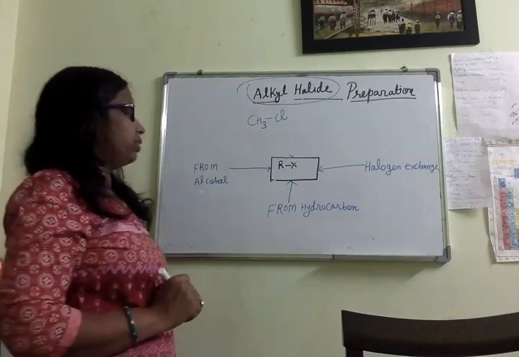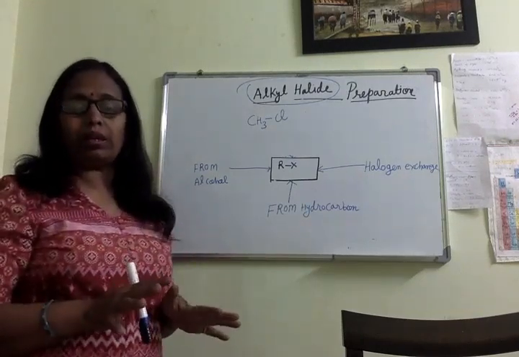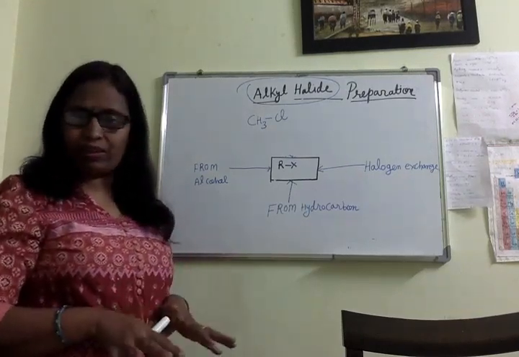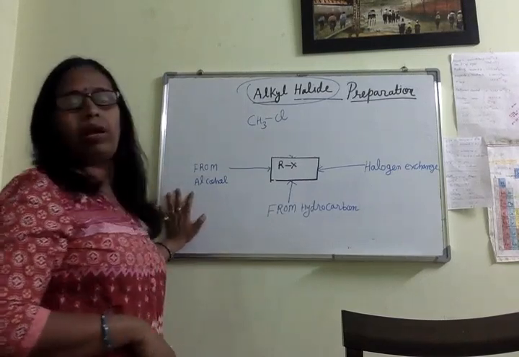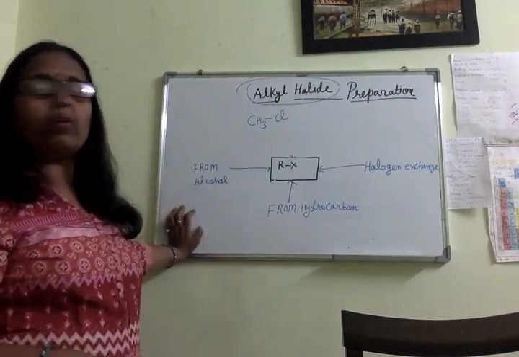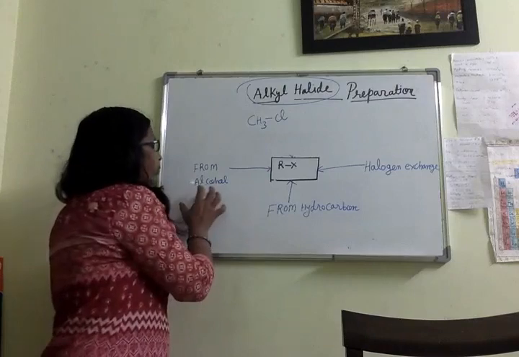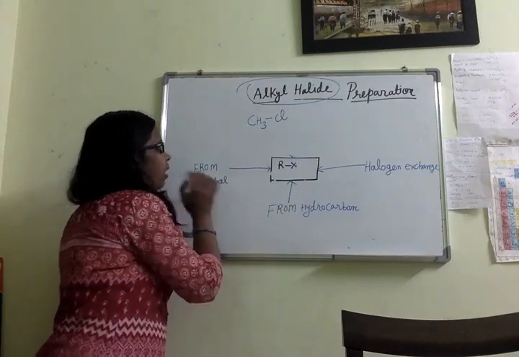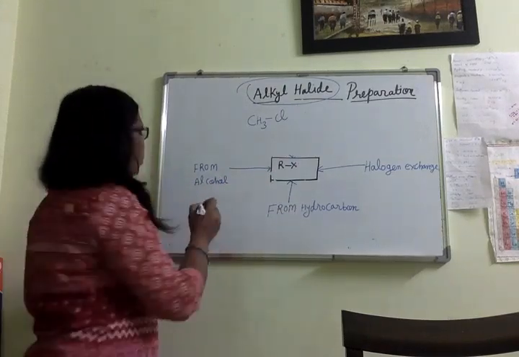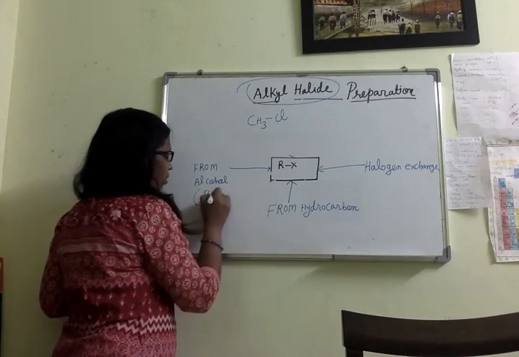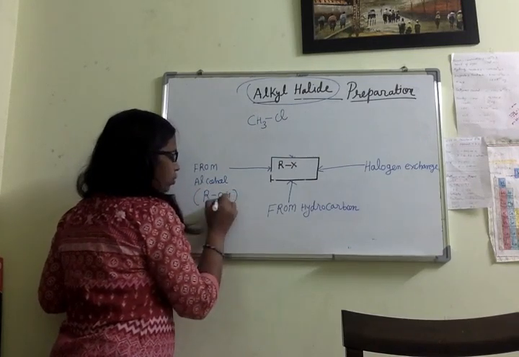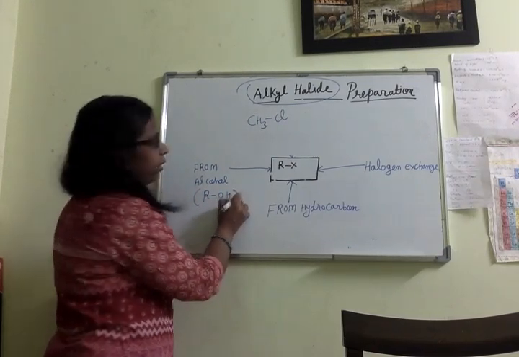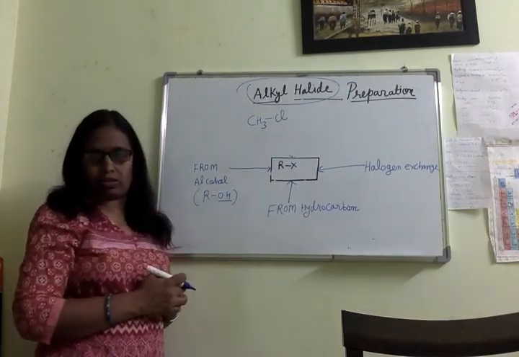In NCERT it is mainly divided into three categories. First, from alcohol. From alcohol means how we prepare haloalkane from alcohol. The functional group of alcohol is ROH. It means OH is eliminated and the acid attaches.